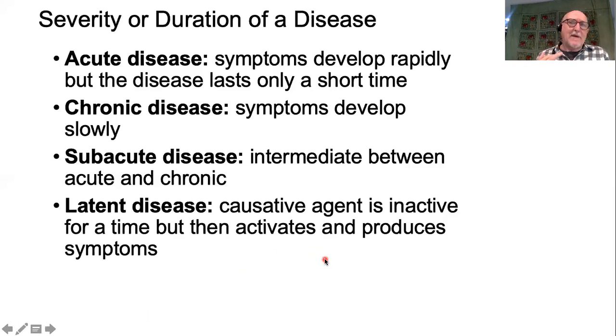If you have ever had cold sores on your mouth, that's another example. It's also caused by a herpes virus. You have an initial acute episode where you have sores on your mouth, and then, after 10 days, 2 weeks, whatever, it disappears completely.